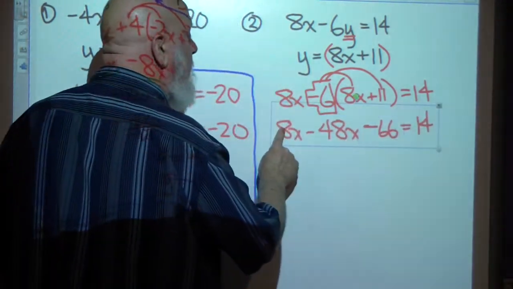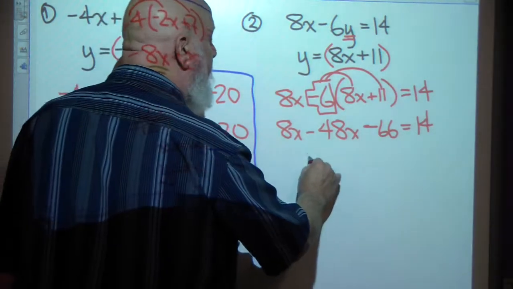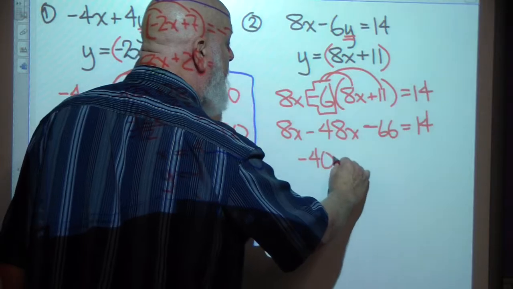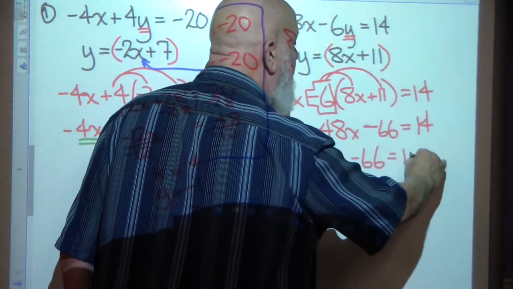Give myself a little bit of room here. I'll combine these like terms. 8x minus 48x is negative 40x minus 66 is equal to 14.